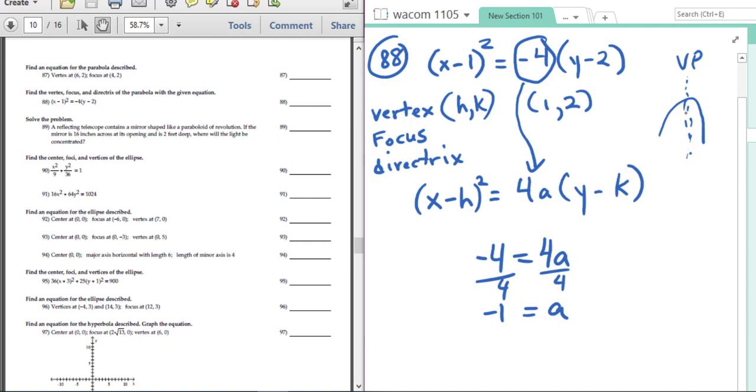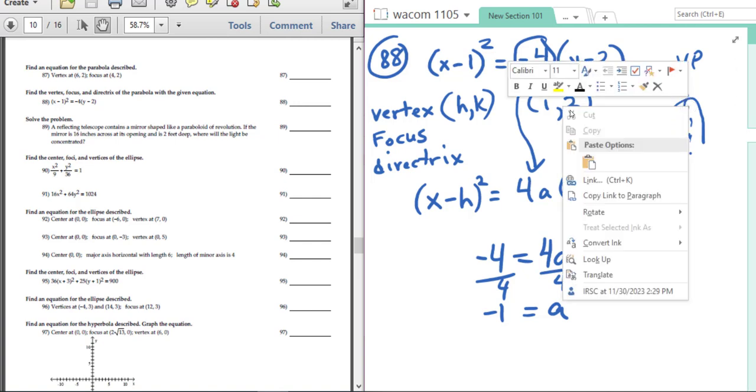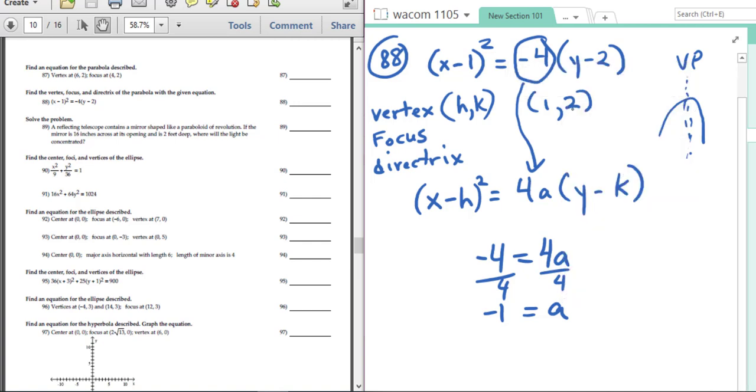It's going to be inside here. So we are going to go down 1 unit from the vertical component. So 2 minus 1 will give us 1. So the focus is going to be at (1, 1).